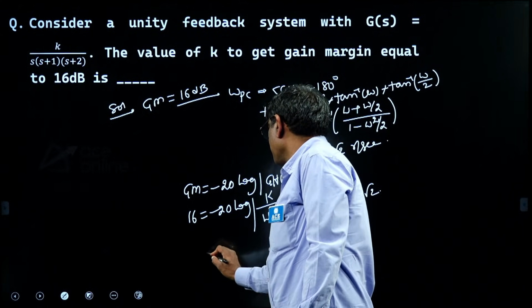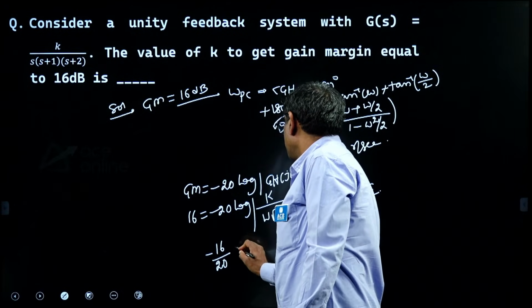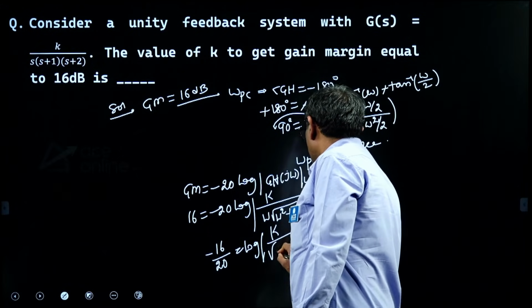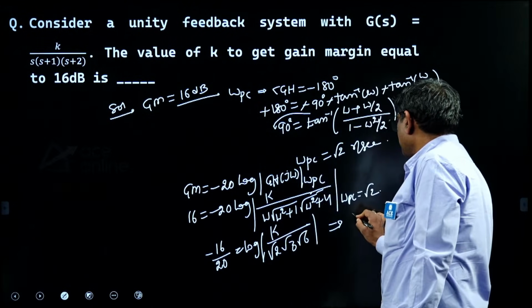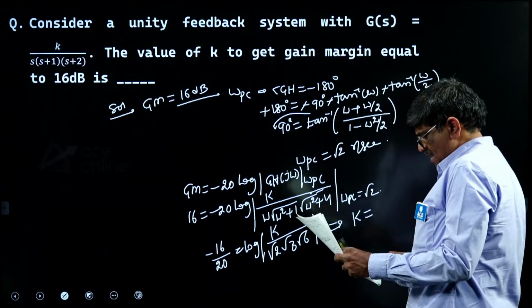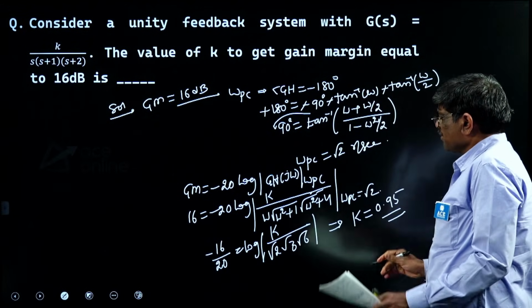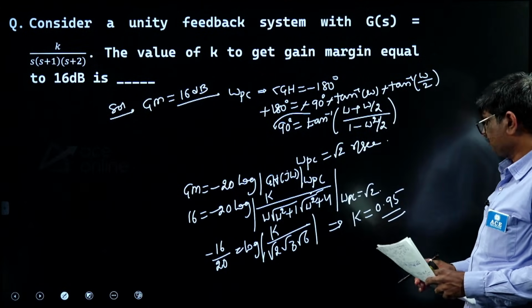Minus 16 by 20 equal to log of K by root 2, here 3, here 6. Solve this, K equal to 10 power minus 0.8, and you will get 0.95.